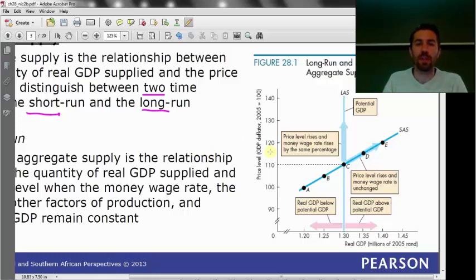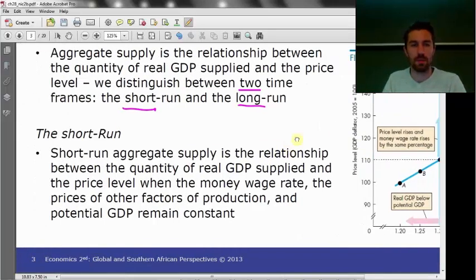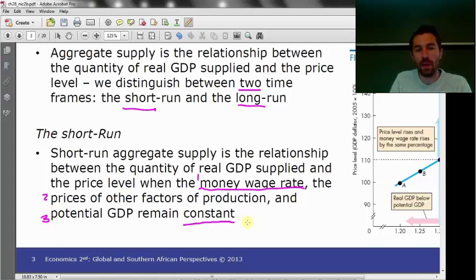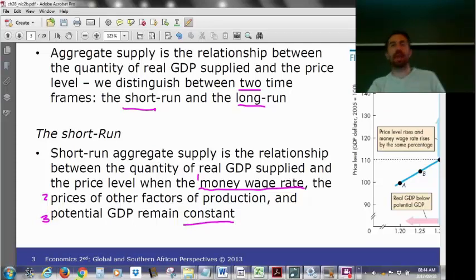So the first thing we're going to look at is the short run. Short run aggregate supply is the relationship between the quantity of real GDP supplied and the price level, when the money wage rate, the prices of all the other factors of production, and potential GDP all remain constant.